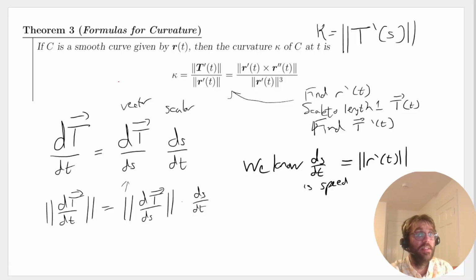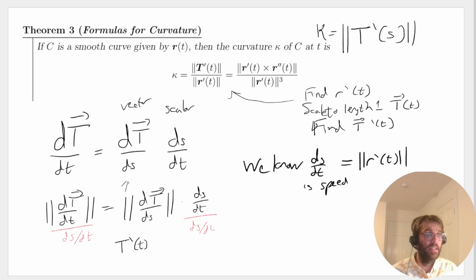And so when I just divide both sides by ds/dt, what comes up is the length of dT/dt, or T prime of t, divided by ds/dt, or the length of r prime of t, equals kappa, our curvature.